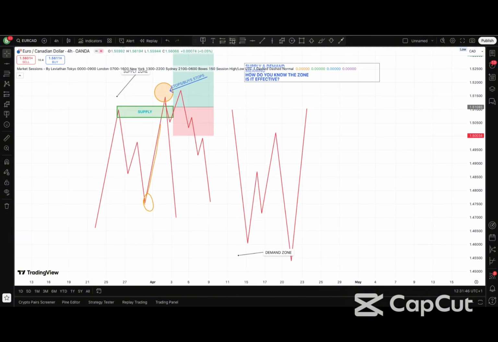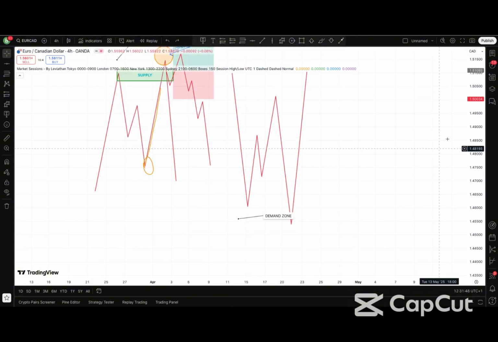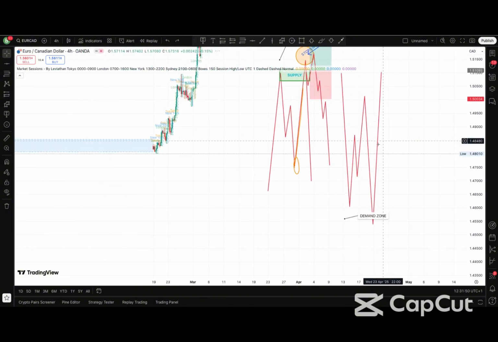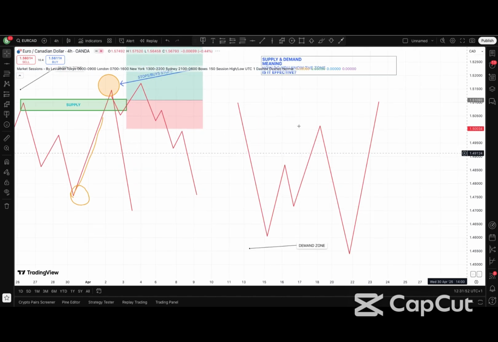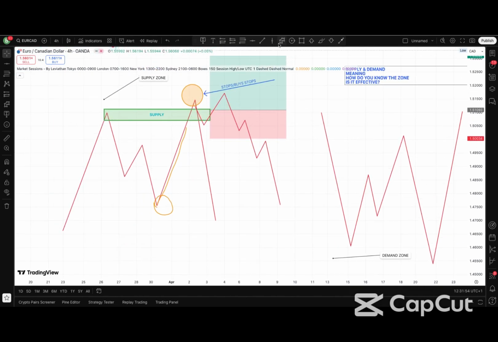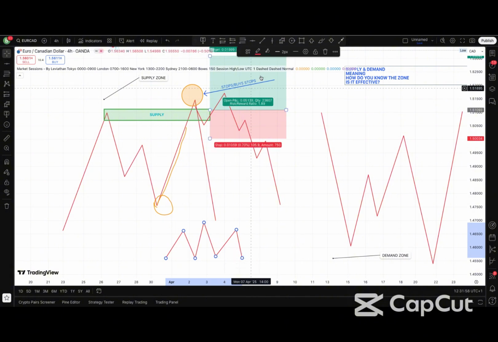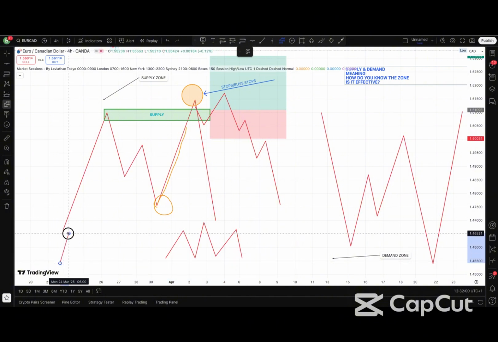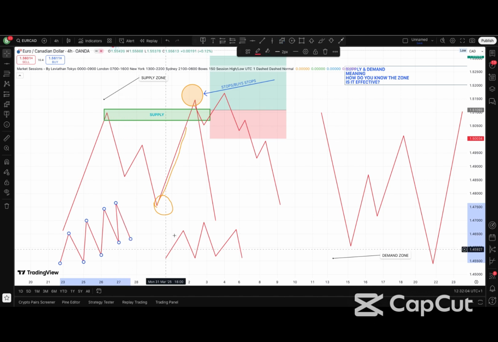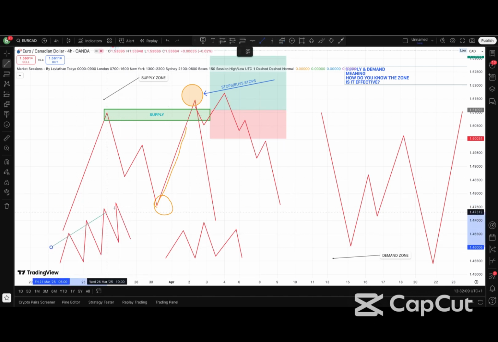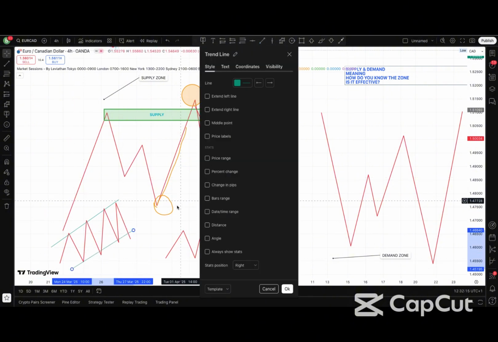Some consolidation can be in this form, and consolidation can be in this form as well, provided you can notice the swing, where the swing is starting from and where the swing is ending. You need to be very careful at this point.